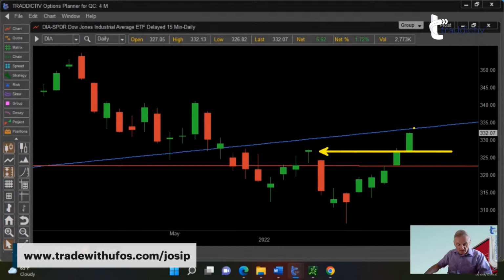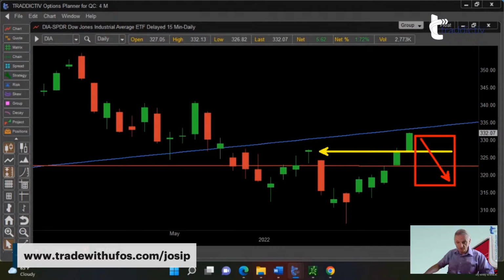Some of the put buyers are already buying a put short term, because after such a big move up, there's a high chance that the next move is going to revisit somewhere in this section. I don't know exactly where in this section, but there's a high chance over the next several sessions that we're going to move down.